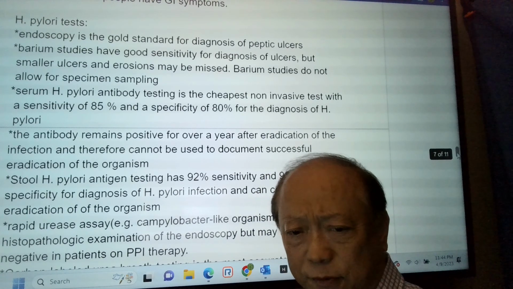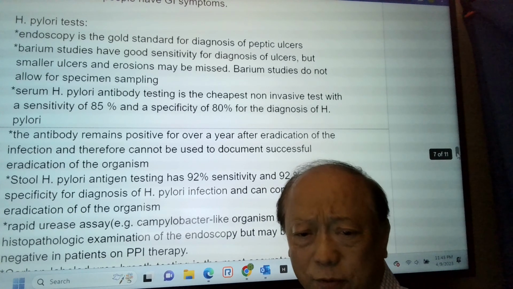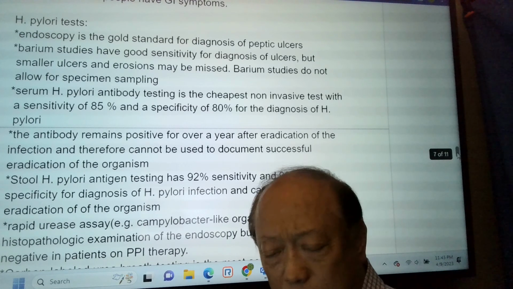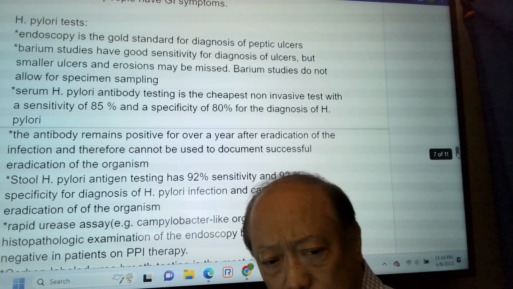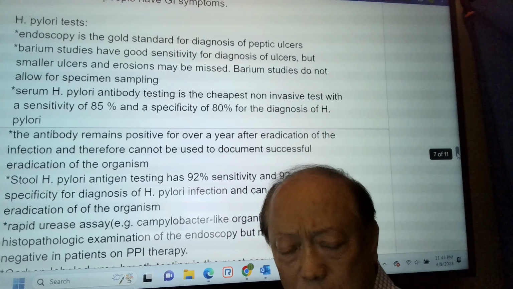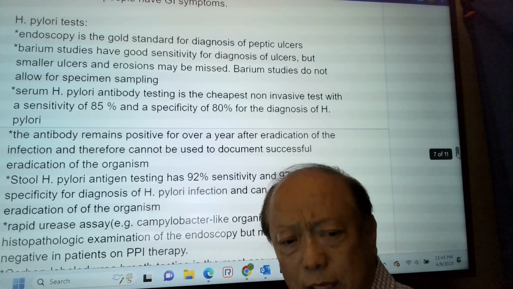The antibody remains positive for over a year after eradication of the infection, and therefore cannot be used to document successful eradication of the organism. So you don't rely on the elimination of the antibody to guarantee success of treatment.